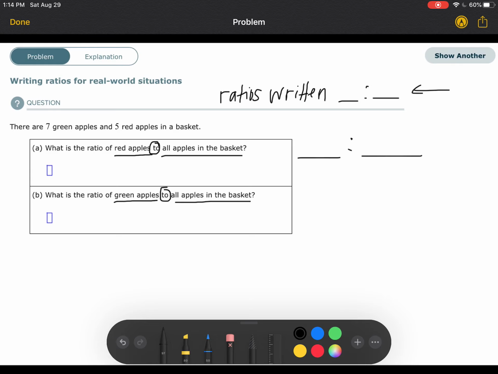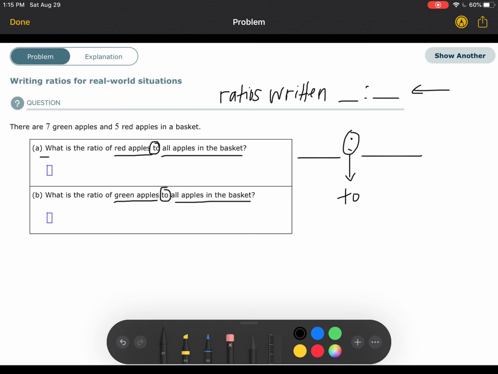It's next to the L button when you're typing. That's irrelevant. You already have the tool to click it and put it in there. So when you look at this thing right here, it's telling you "to." So when you read a question like this, it says something to something else.